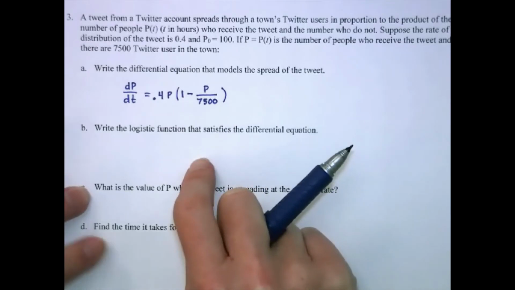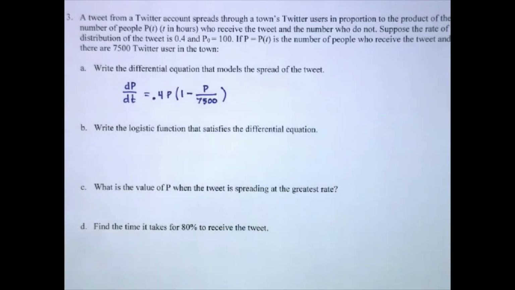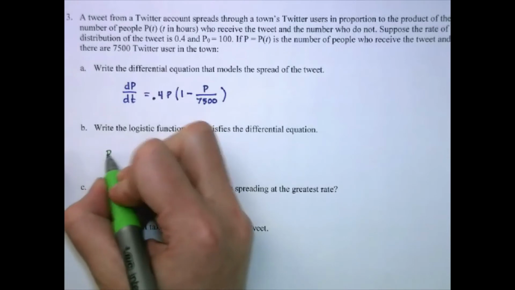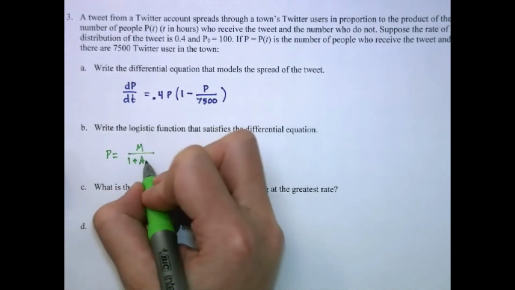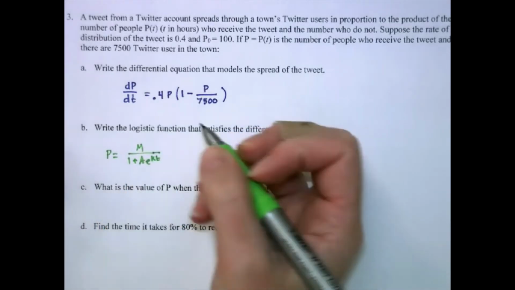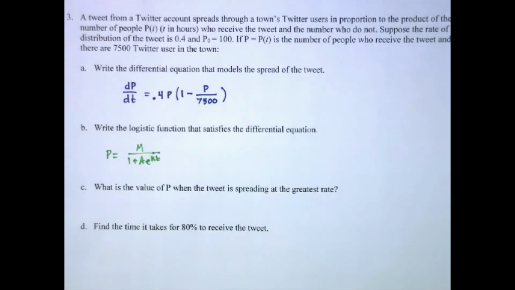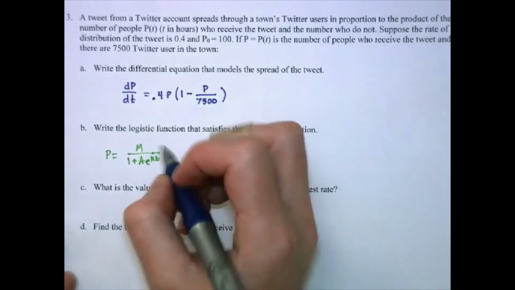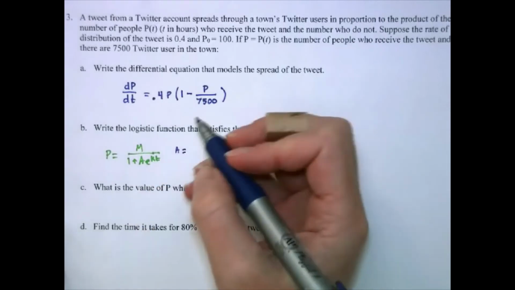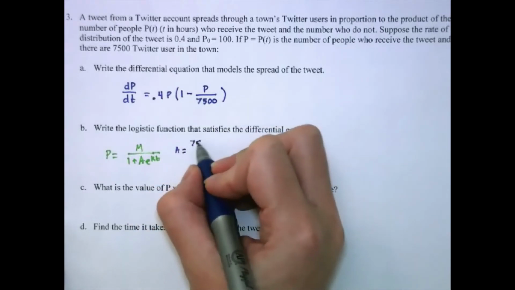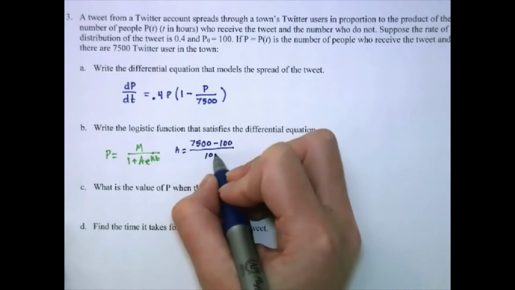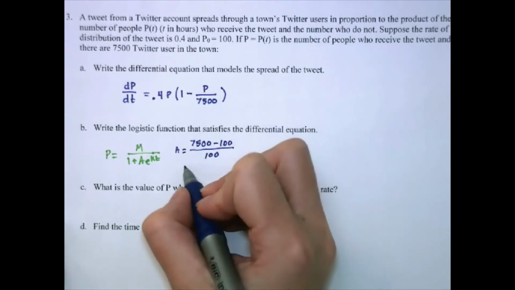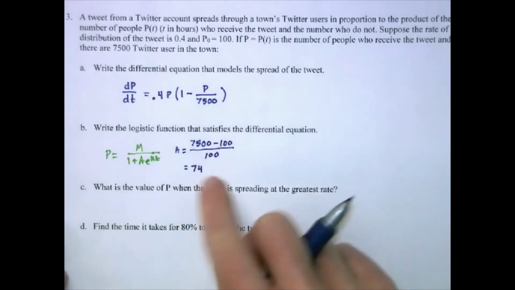In the logistic equation, the new piece, so let me write the general solution down first. Okay, K is still going to be 0.4, and M is still going to be 7,500. The A is going to be the max population, or the carrying capacity, minus the initial over the initial, which in this case is going to be 74.